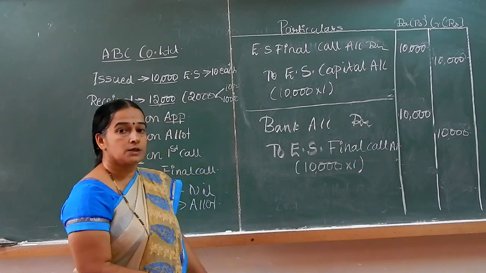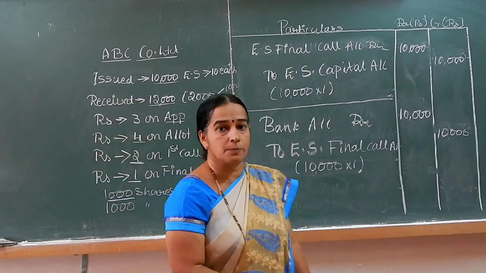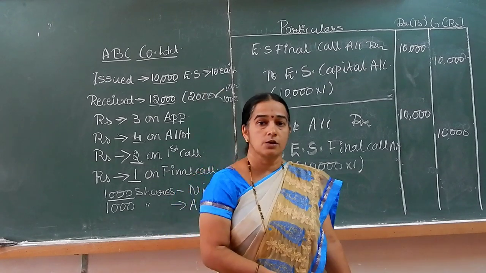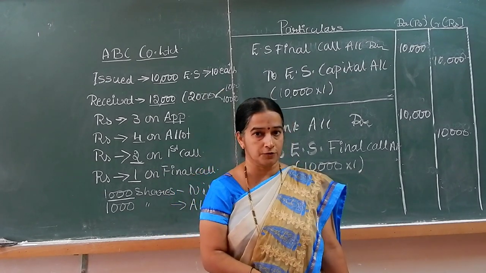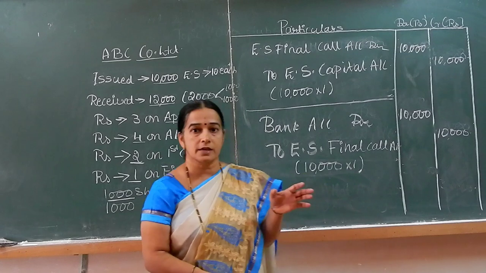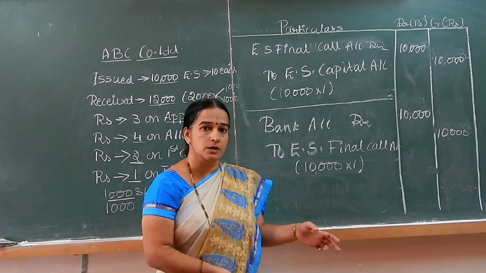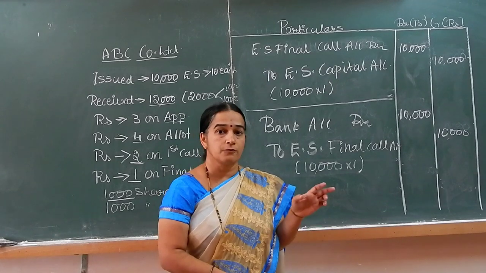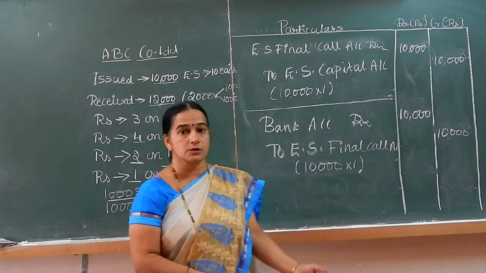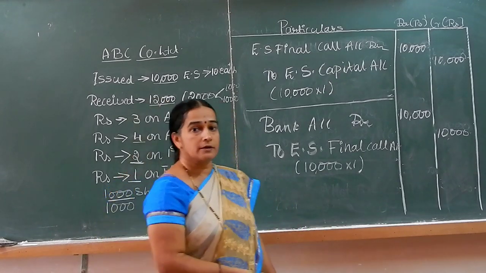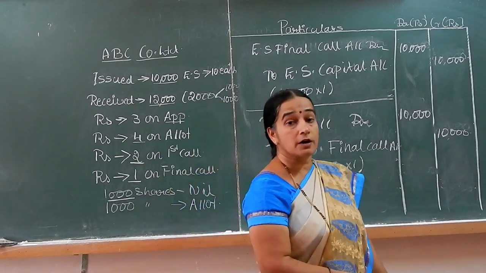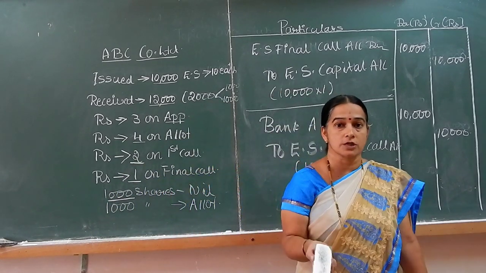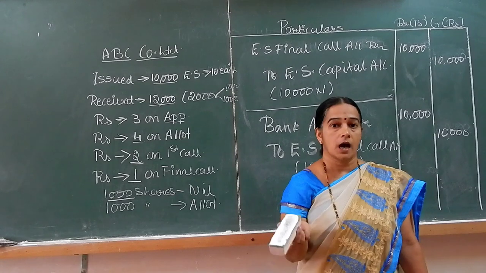So these are the entries to be passed if there is no oversubscription of shares, the normal journal entries. But if there is oversubscription, 2 extra entries are to be passed: one for returning the application money, and one for adjusting the application money towards the allotment.